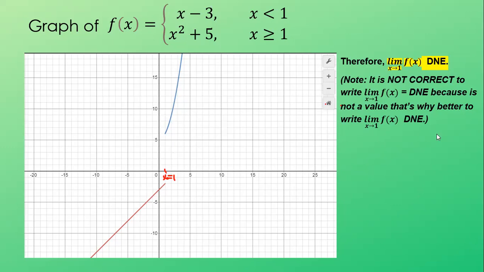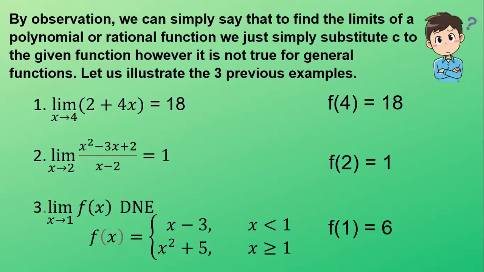So, next, this is the shortcut in finding the limit. By observation, we can simply say that to find the limits of a polynomial or rational function, we just simply substitute c to the given function. So pwede pa lang i-substitute natin yung ina-approach ni x sa ating given na function. So let's try.